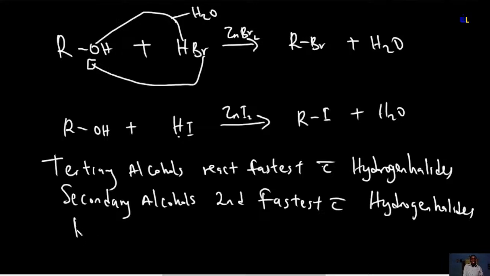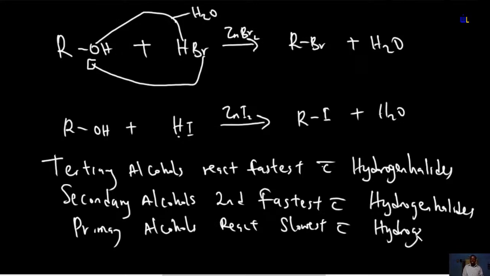And then finally, primary alcohols react slowest with hydrogen halides. Now, as I said, this particular procedure is what is used to differentiate between tertiary, secondary, and primary alcohols.